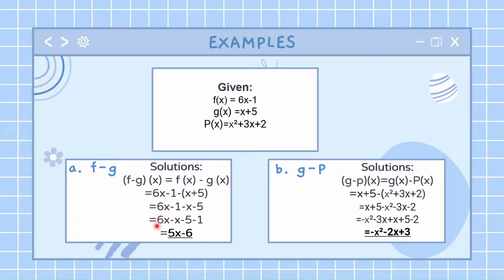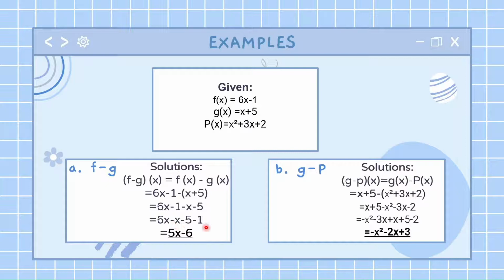So it would become 6x minus x minus 5 minus 1. Now, simplify 6x minus x. So positive 6x minus x, that's like 6 minus 1. Easy math, 5x. And negative 5 minus 1 would give us negative 6.